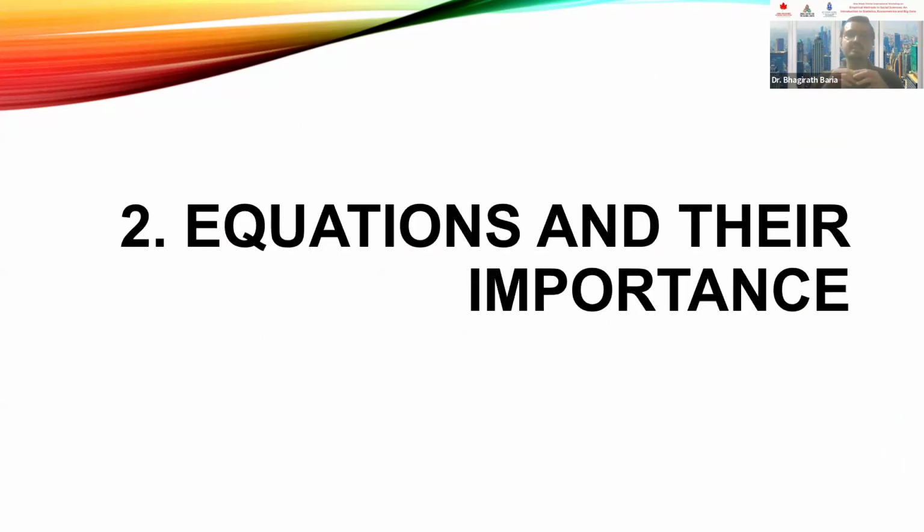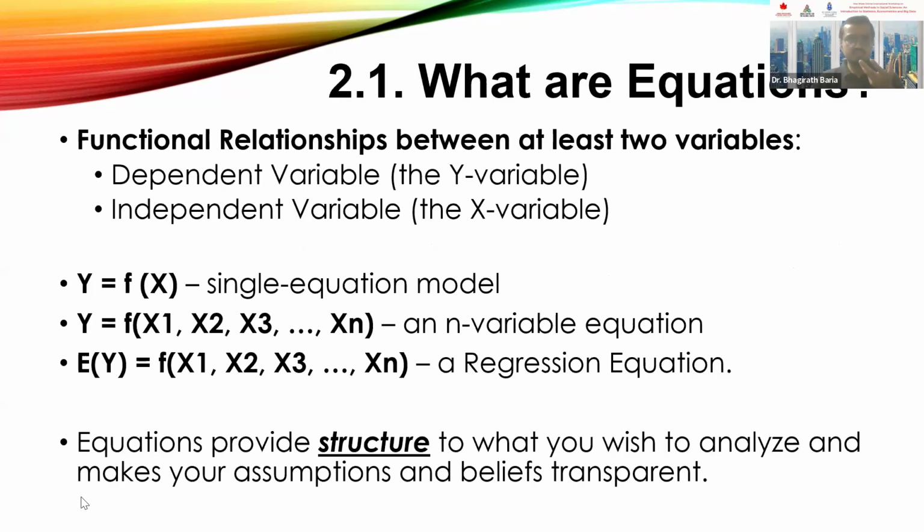Fine. The second important thing is, what are equations and why are they important? Because we are going to study a lot of kinds of equations in this workshop. So this is the fair idea I would like to give you. Equations are functional relationships between at least two variables. When we say functional, that is, one variable is a function of another variable. What do I mean by function?